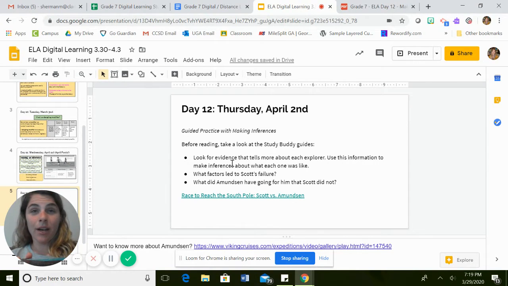These guides here are going to help us focus our thinking while we're reading and make sure that we're staying on track and looking for certain things that are going to help us answer the questions that follow the text correctly. All right, so we're going to look for evidence that tells us more about each explorer in the text, and we're going to use this information to make inferences about what each one was like.